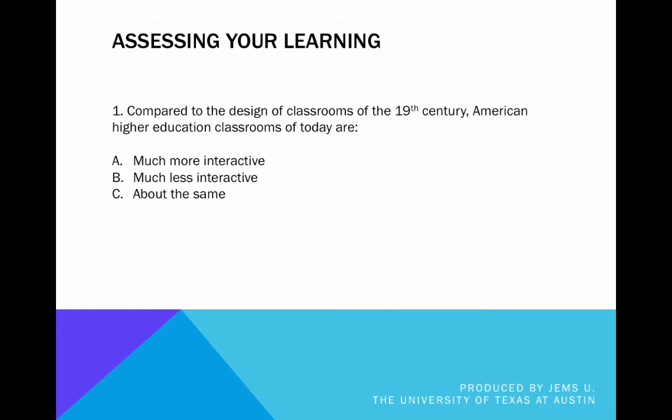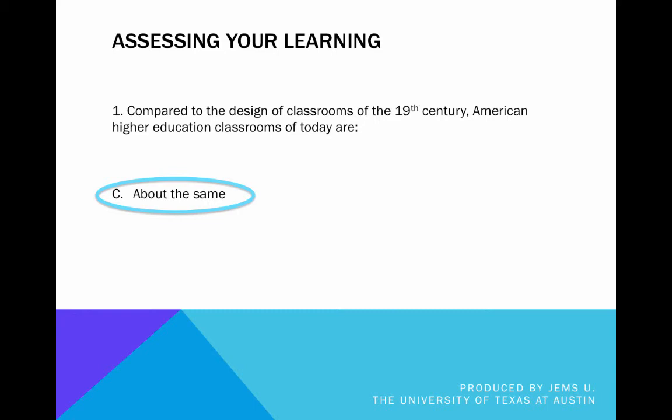Think for a moment and select an answer in your mind. If you chose C, about the same, you're correct. If you chose A or B, we recommend you re-watch the portion of the video comparing higher education classrooms of the 19th century to those of the 21st century.